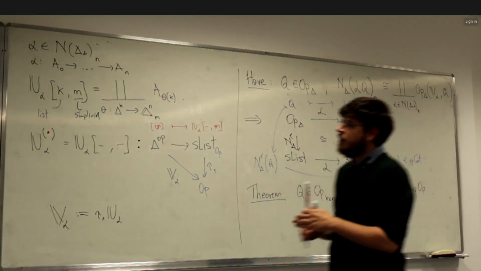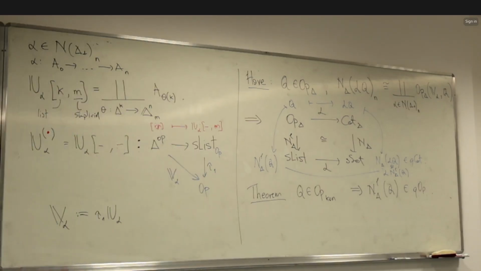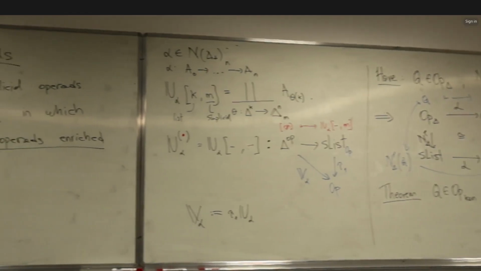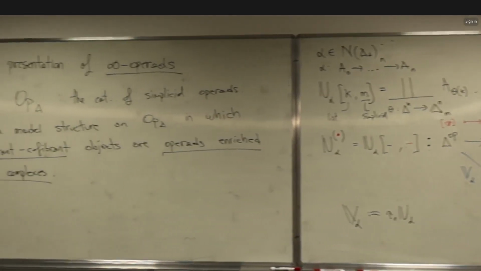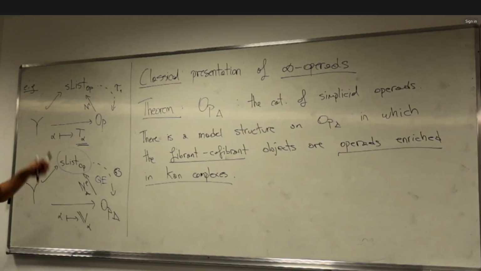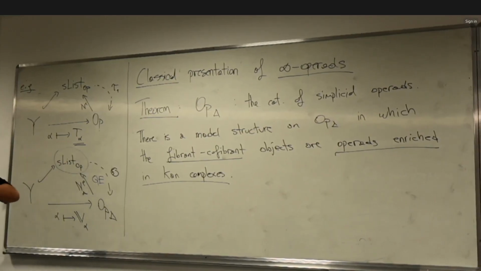What we conjecture is that this adjunction will actually be an equivalence between the classical model structure and, we don't have a model structure here yet, but the conjecture is: there is a model structure here whose cofibrations are monomorphisms and fibrant objects are quasi-operads, such that this is an equivalence between model categories.